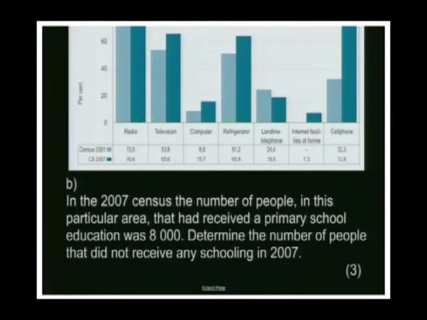B. In the 2007 census, the number of people in this particular area that had received primary school education was 8,000. Determine the number of people that didn't receive any schooling at all in 2007. Well, this is one number to look at, 8,000, and the second thing to look at is primary school education.